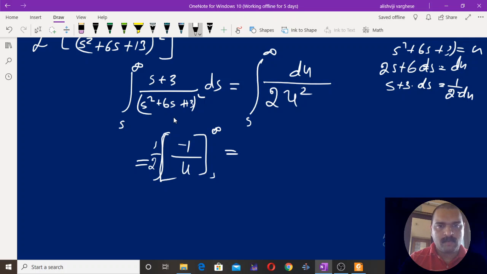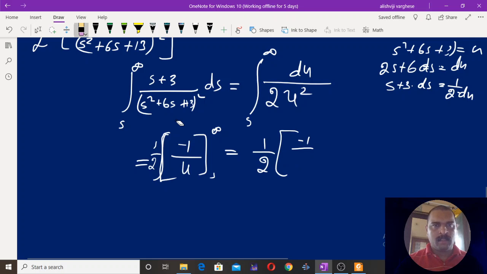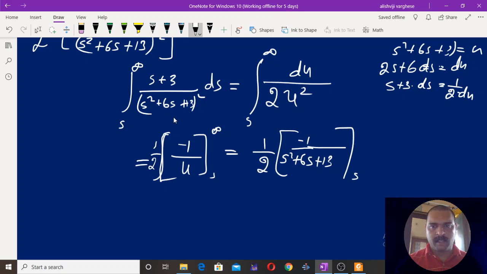It's equal to 1 by 2 into minus 1 by u, and we can replace u with its value, that is s square plus 6s plus 13, between s and infinity.